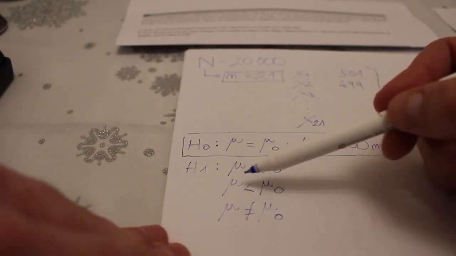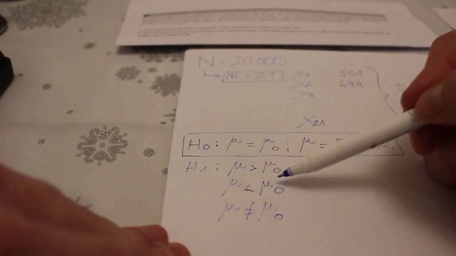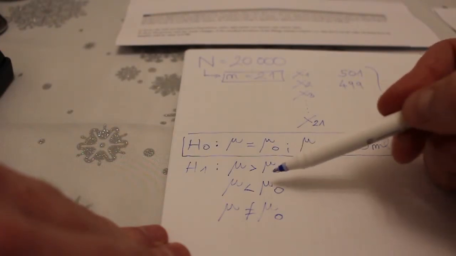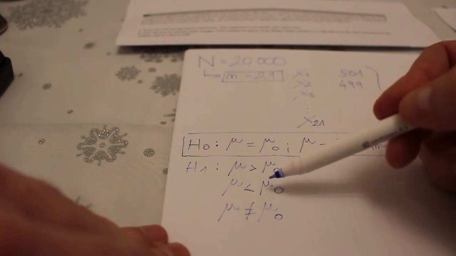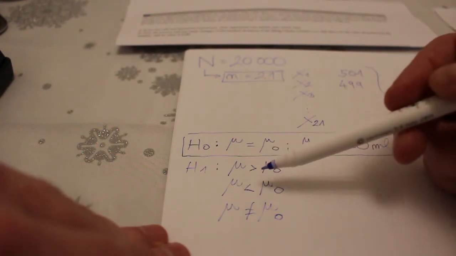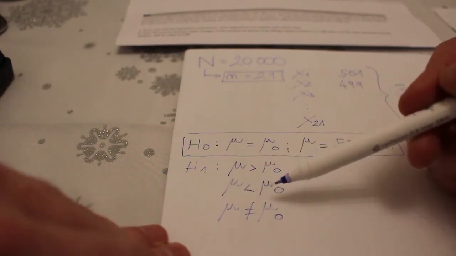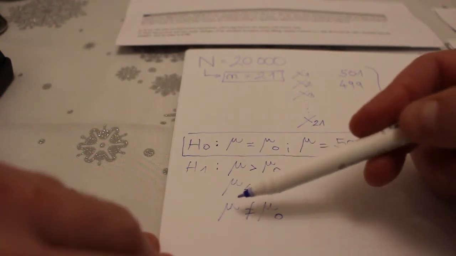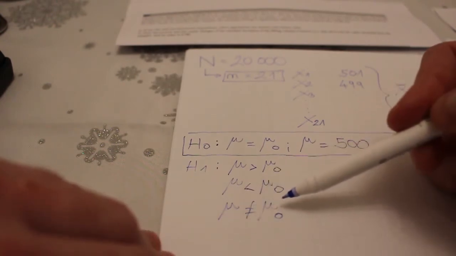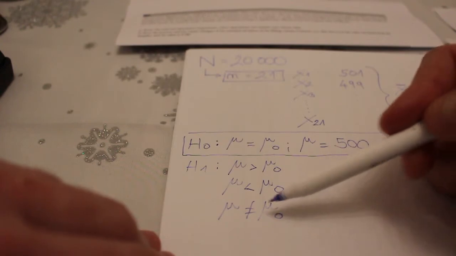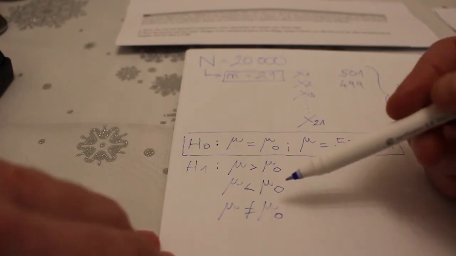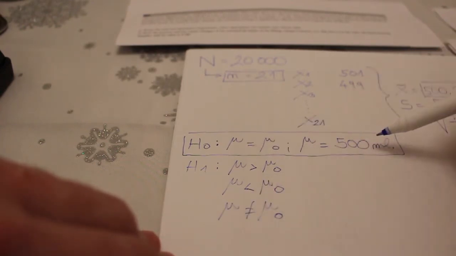If you fill the bottles with less than half a liter, your customers will not be satisfied, because they will get less beer in the bottle. So there is only one good alternative here, logically, and it is this third type. It must be equal to 500.